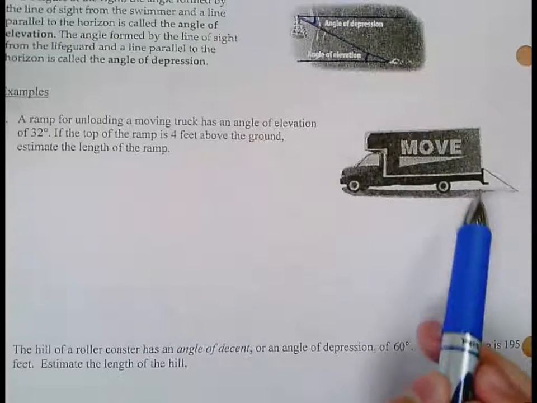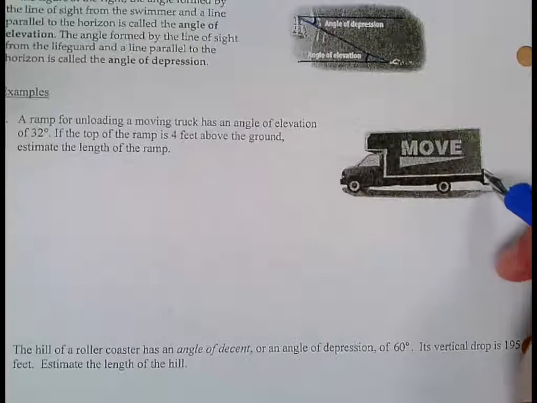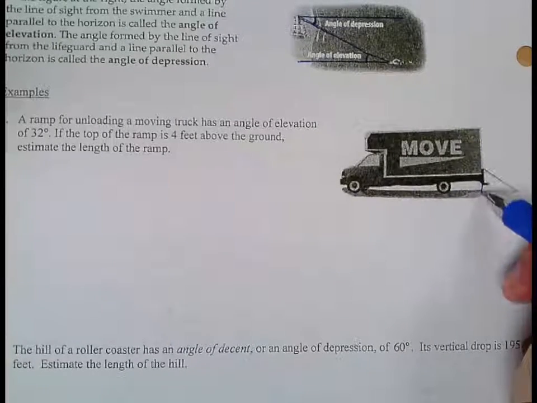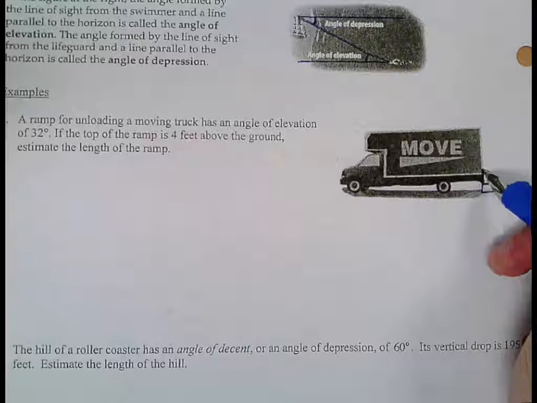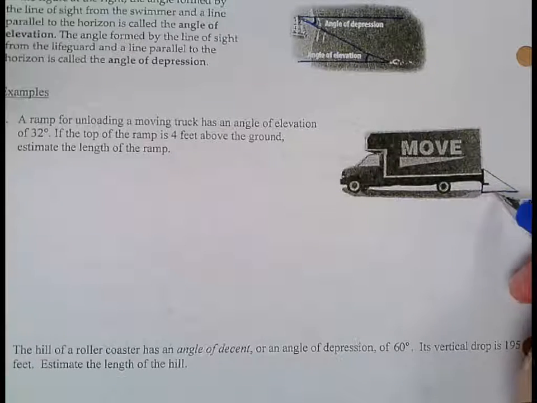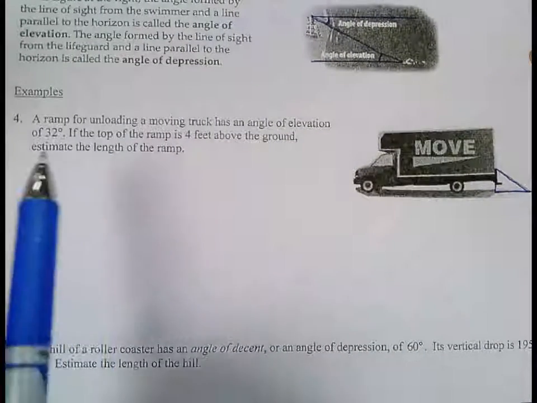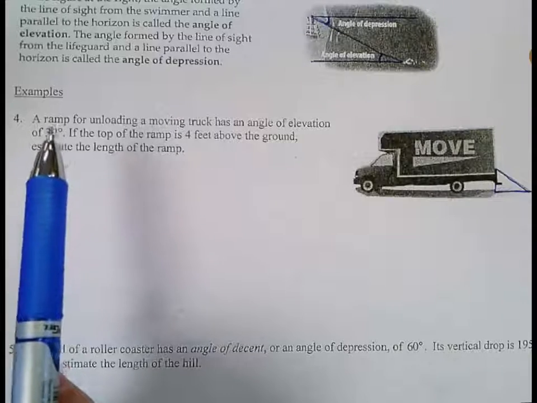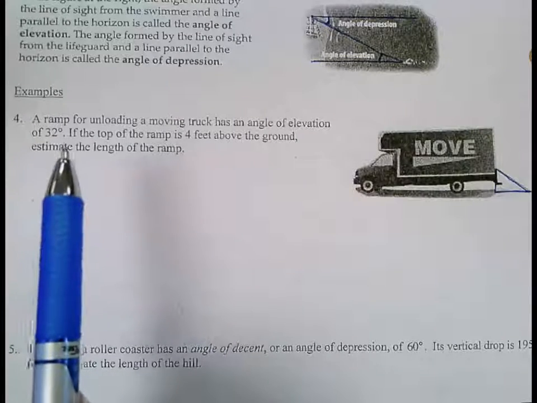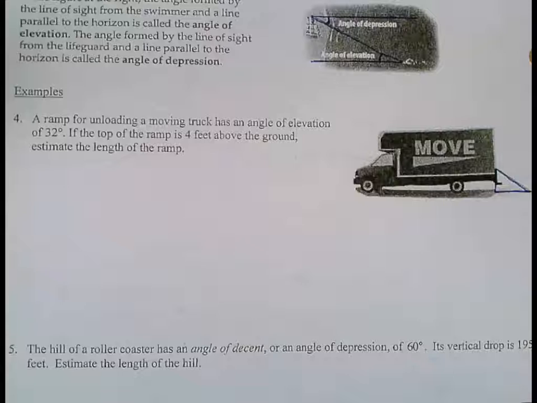The ramp, the vertical line, and the ground create a right triangle. We have a ramp for unloading. A moving truck has an angle of elevation of 32 degrees. If the top of the ramp is 4 feet above the ground, estimate the length of the ramp.